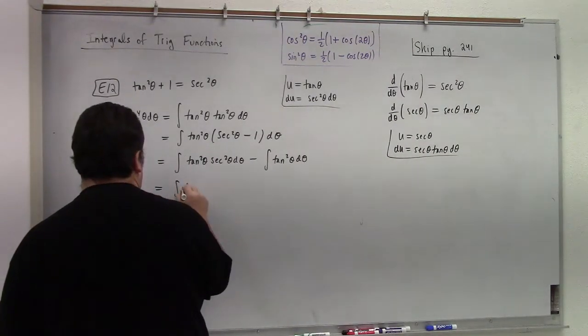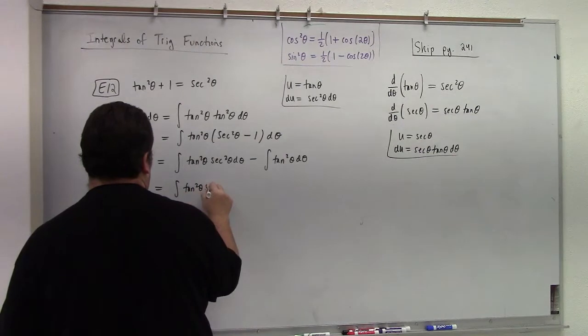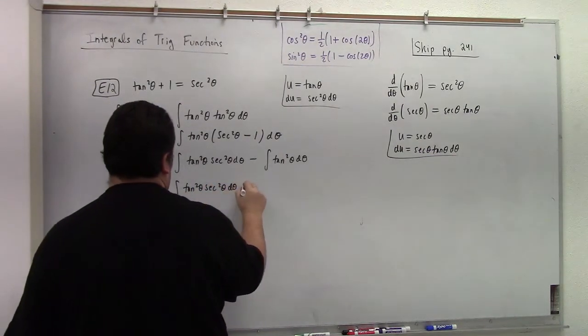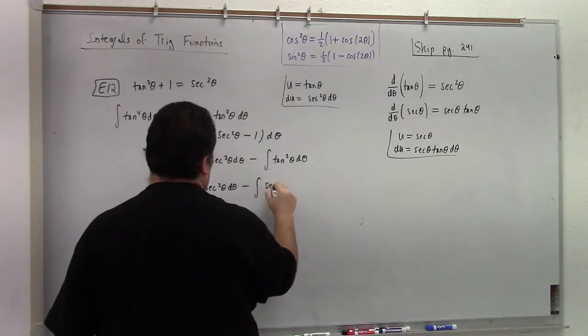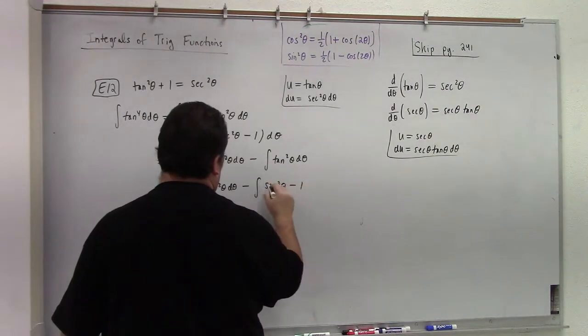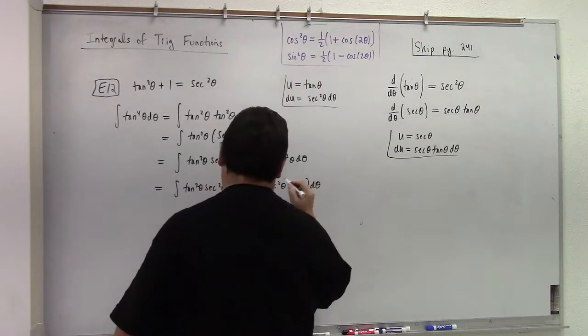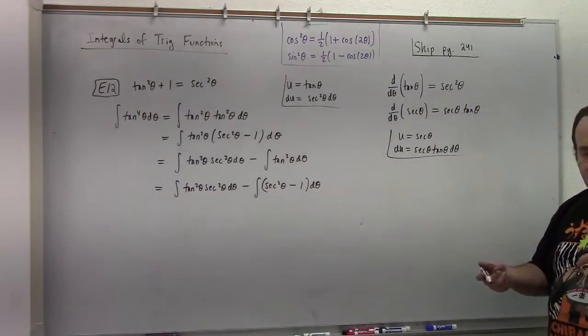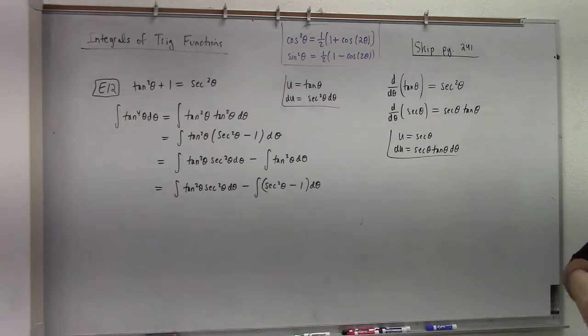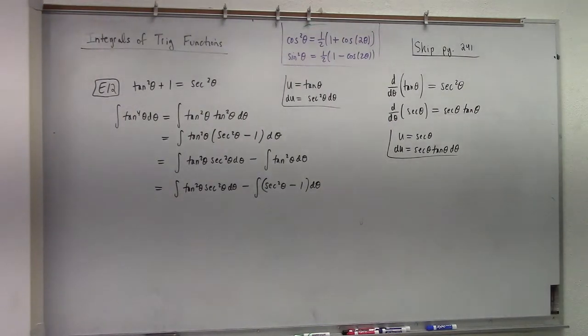That's the integral of tangent squared theta secant squared theta d theta minus the integral of what? Tangent squared was secant squared theta minus 1. Now that I can do. The last integral I can just straight up do. Those are elementary integrals, I don't need u-substitutions for that.